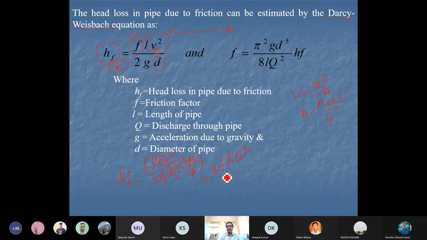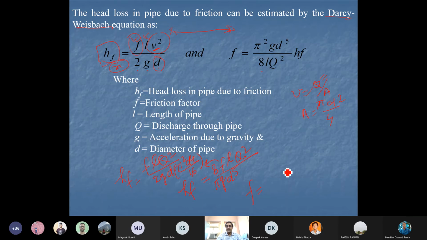So 8 F L Q square divided by g d, times pi square d to the power 4, so d to the power 5. Head loss due to friction will be equal to 8 F L Q square divided by pi square g d to the power 5. To find F, we can rearrange this.